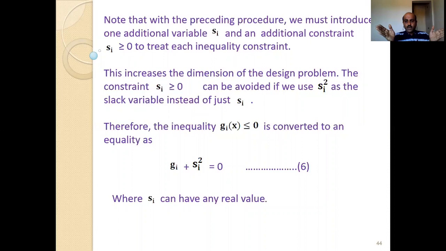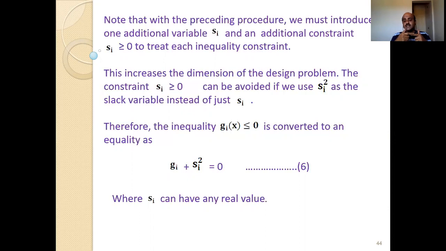So when you want to avoid adding an additional constraint, what we do here is change the slack variable, which is first order Si, and make it second order, Si square.